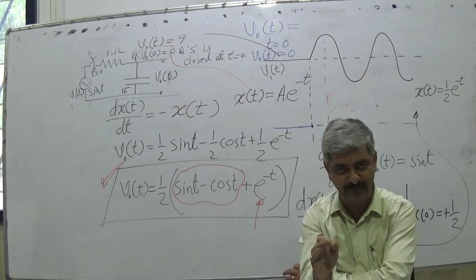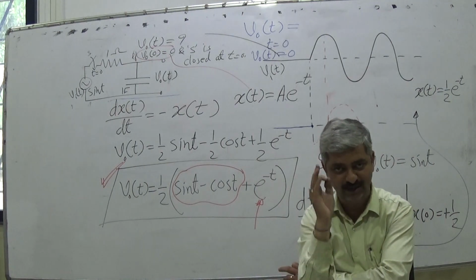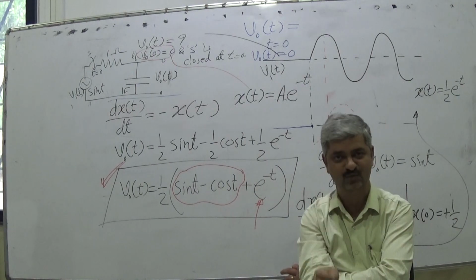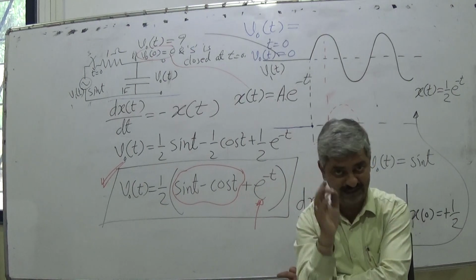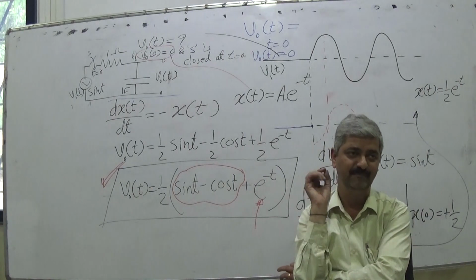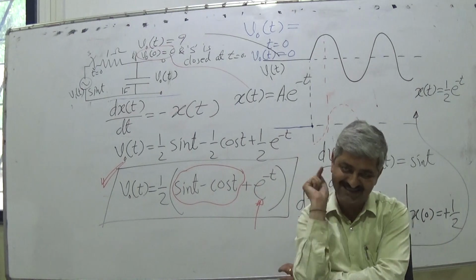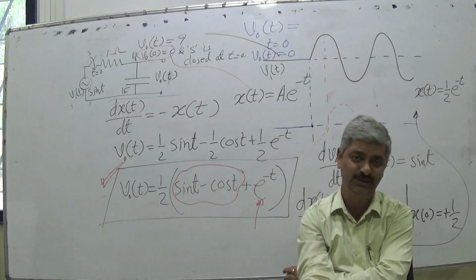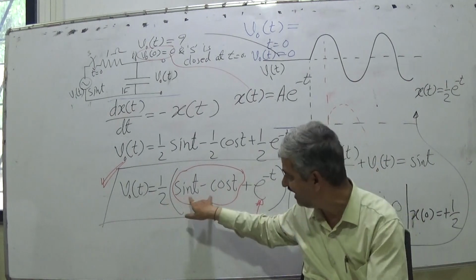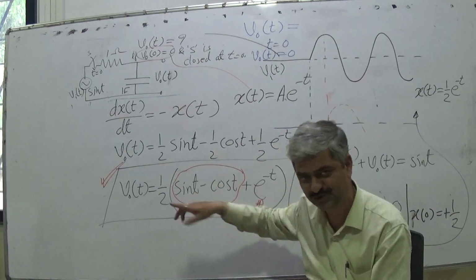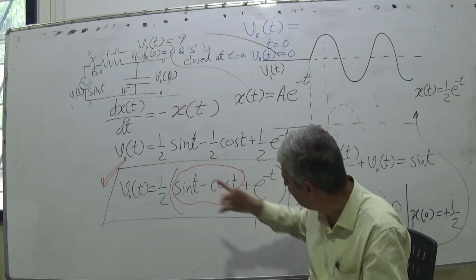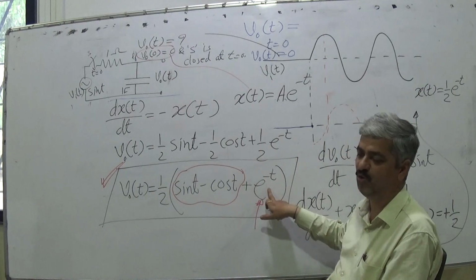When I apply a sinusoidal input sin t at t equal to 0 to an RC circuit with R and C as 1 and the capacitor discharged, the output is a phase shifted sinusoid, by 45 degrees, plus a decaying exponent.